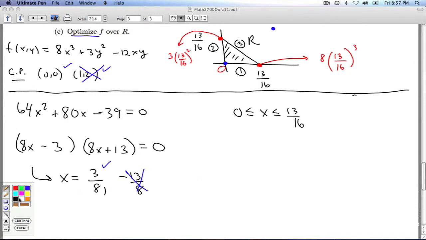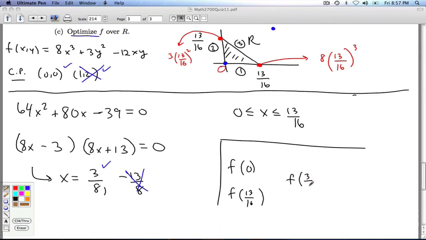So we go back to our function f of x, and we look at f of 0, f of 13/16, and f of 3/8. Now once again, the f of 0 and the f of 13/16 we really don't have to do. This is boundary 3 that we're working on here. F of 0 is going to give us this number. F of 13/16 is going to give us this number. All we need to do is figure out f of 3/8.